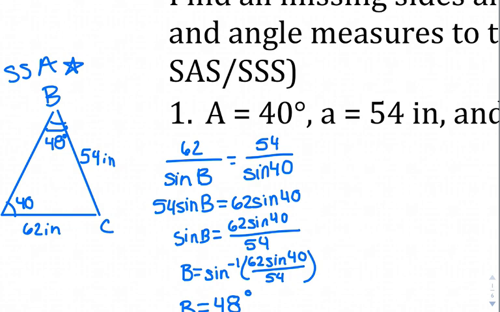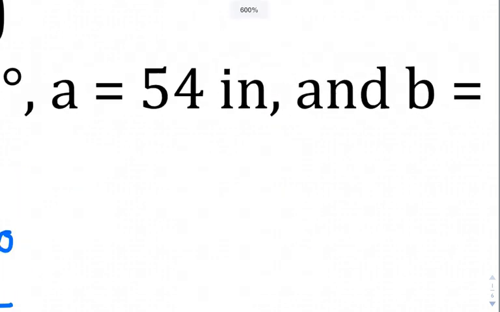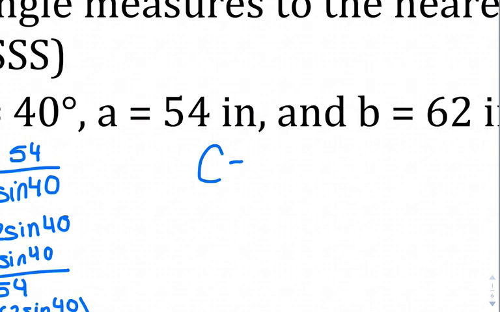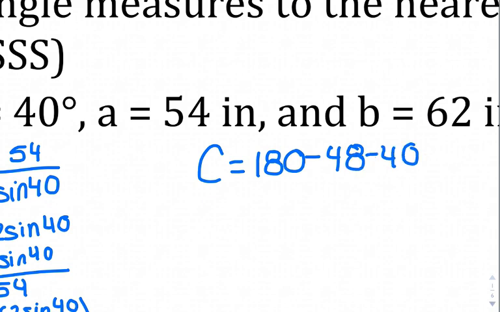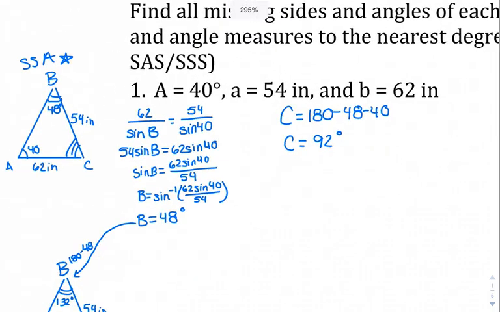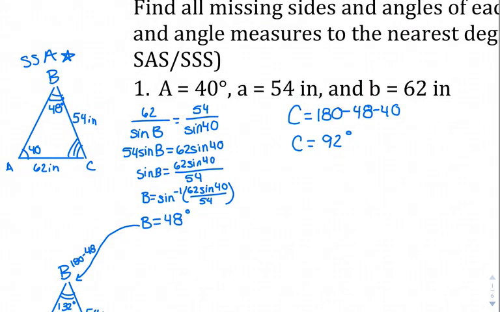To solve for angle C now, a triangle adds up to 180, so I just take the other two angles and subtract them from 180. So angle C would be 92 degrees. Then to figure out side C now, I would have to set up a proportion using law of sines.